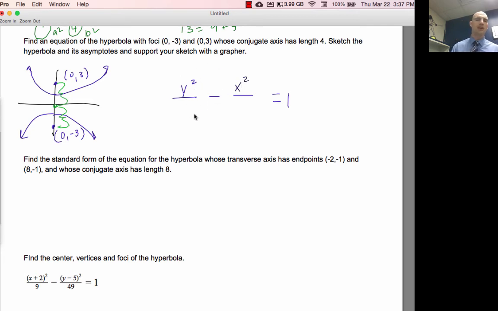On the bottom, I've got to find my A values and my B values. So let's look here. My foci tell me that my C value is 3, because that's the distance from the center to the focus.